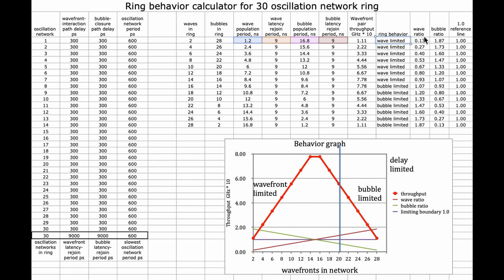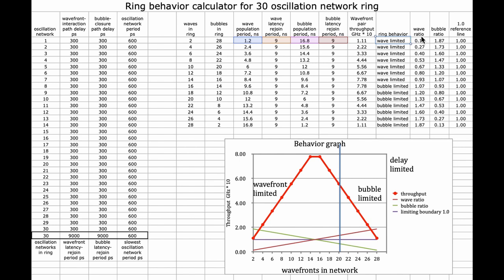Now we mentioned before, if the population period over the latency period is less than 1, then we're wavefront limited. And with the bubbles, if the population period of the bubbles is less than the latency period of the bubbles, then we're bubble limited.